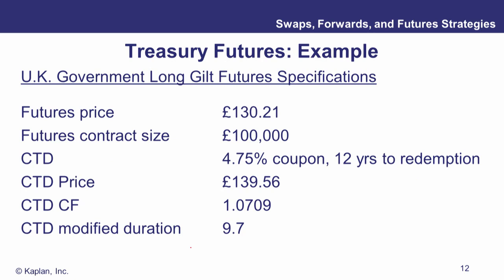There's the futures price, and the futures contract size we're given. For the CTD, we're told some details which aren't massively relevant, but the CTD price is relevant, and the CTD conversion factor is relevant as well. And the CTD modified duration, all of these things are going to be very relevant when we're calculating our hedge ratio.